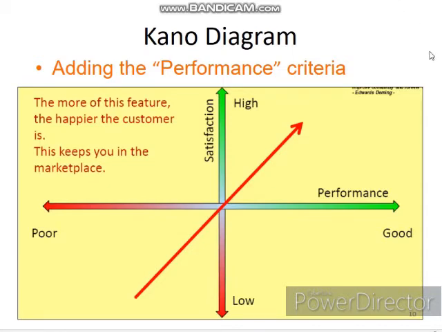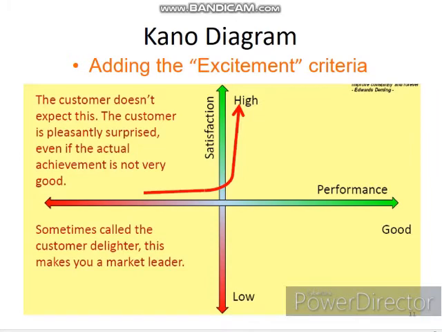To explain that, you need to add the excitement criteria line in your Kano diagram, where this line indicates that the customer doesn't expect this particular feature. The customer is pleasantly surprised, even if the actual achievement is not very good. Sometimes they call these customer delighters, and this will make you a market leader.